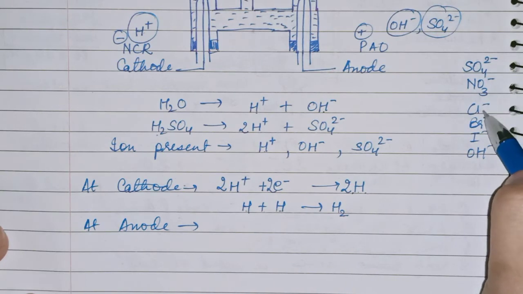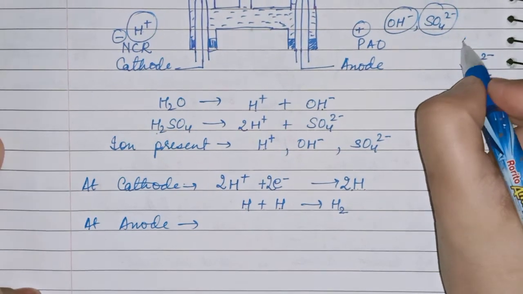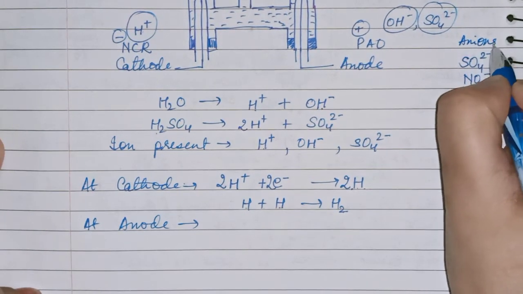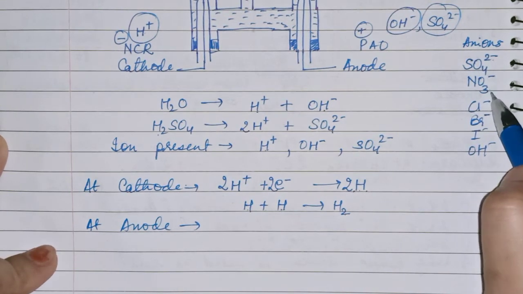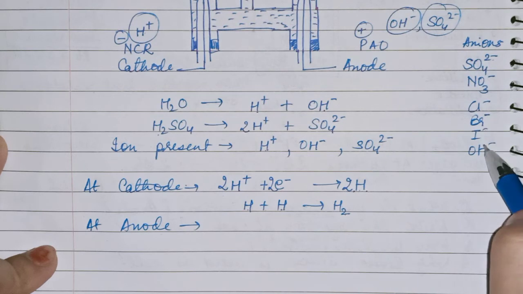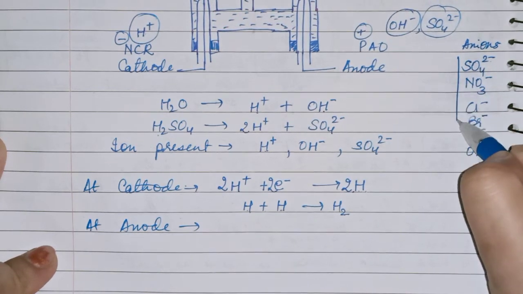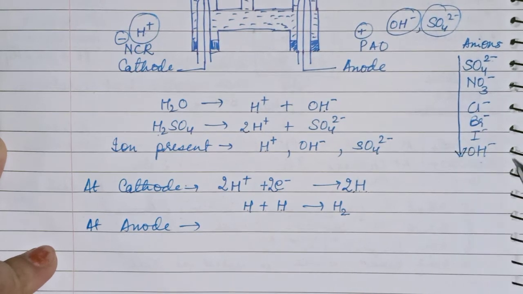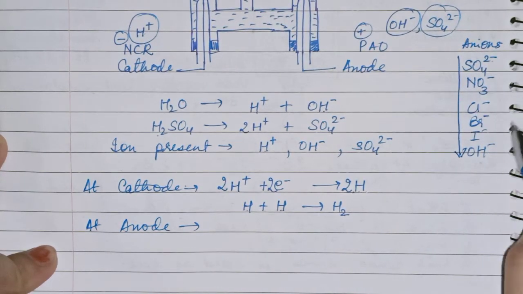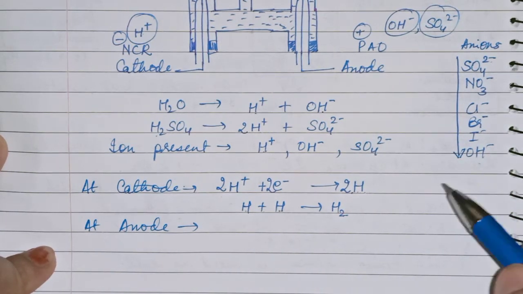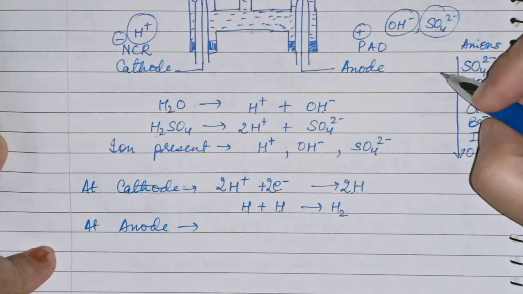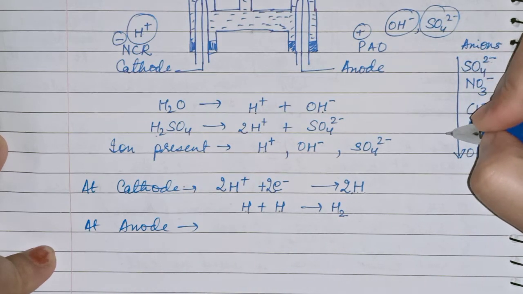This is the electrochemical series of anions: SO4 2 minus, NO3 minus, Cl minus, Br minus, I minus, and OH minus. When we move downwards, you will see that OH minus is at the bottom. Whichever ion is at the lowest place will discharge first.